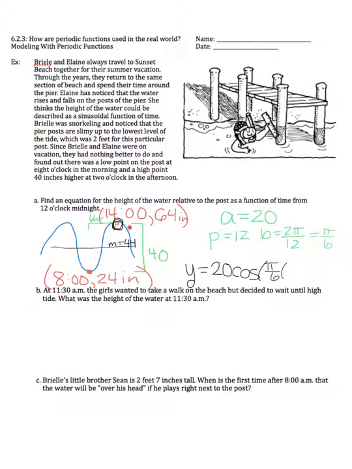So if we're using this point right here, we had to shift the parent graph to the right 14. So you can use x or t, either way is fine. And then at the end, we put the vertical shift, which is the same as the midline. So the 44 goes there.